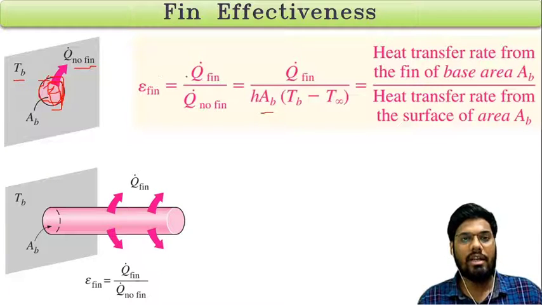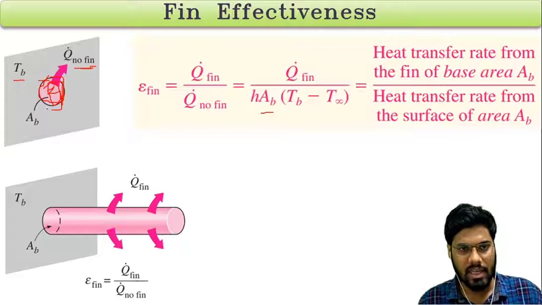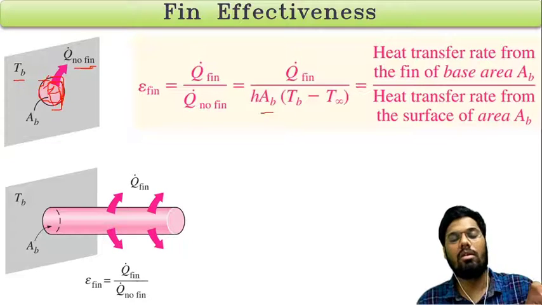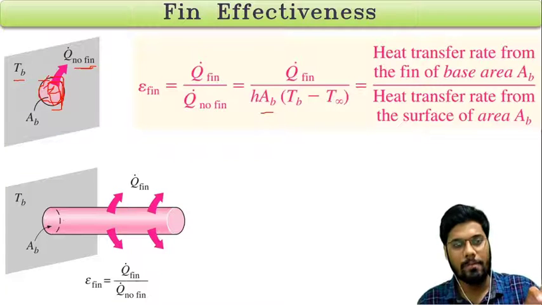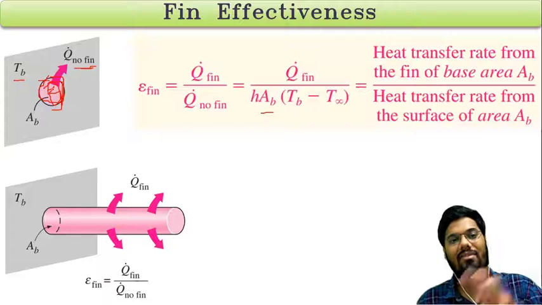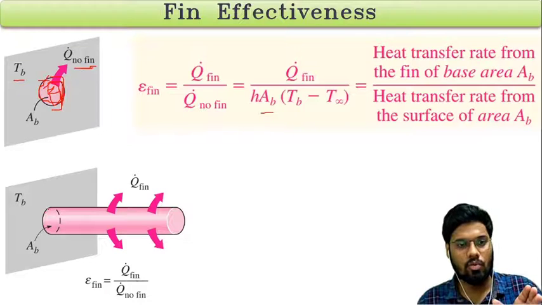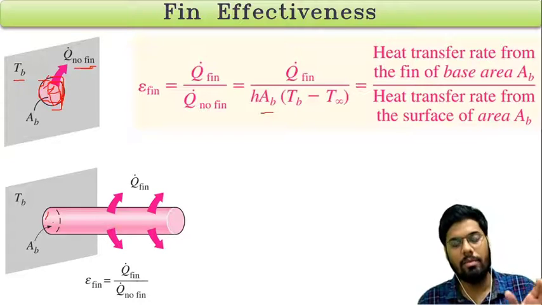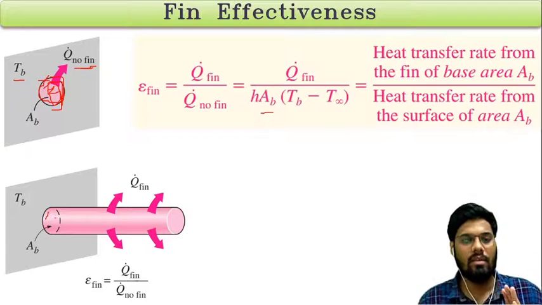And the actual heat transfer with fin. When we attach a fin, this area is blocked by the fin cross sectional area, and heat transfer from this area is going to be by conduction to the fin.